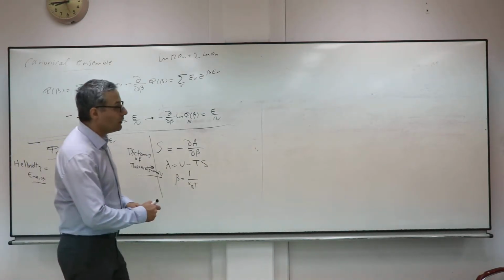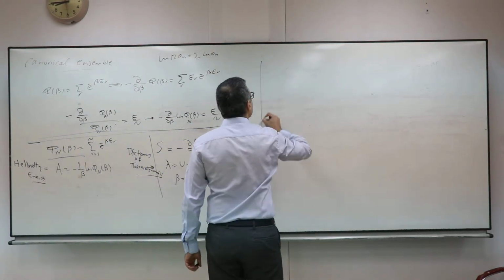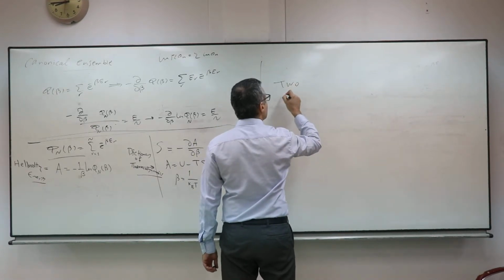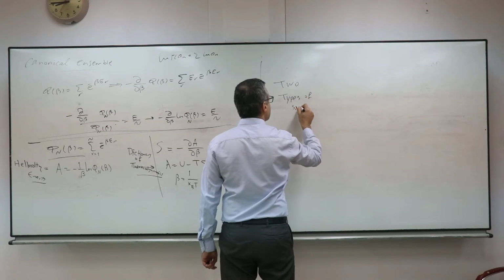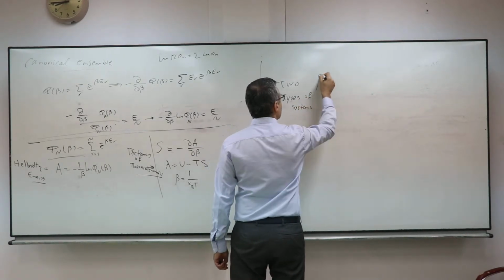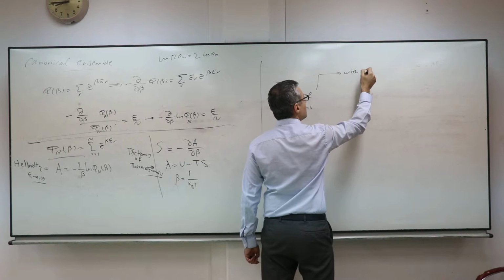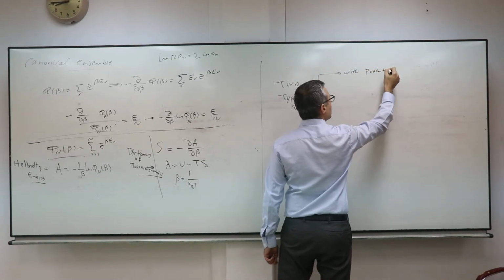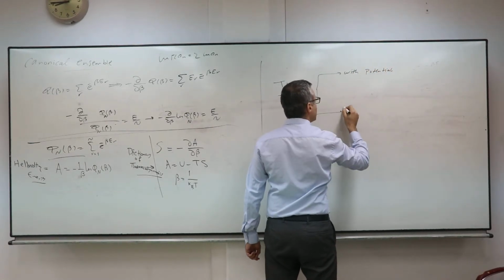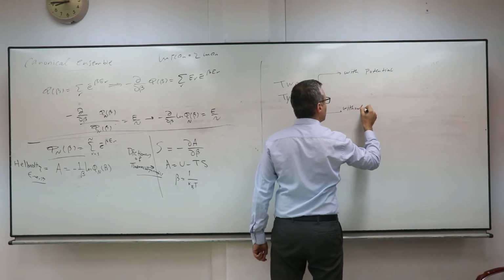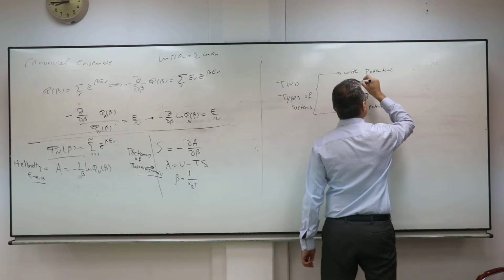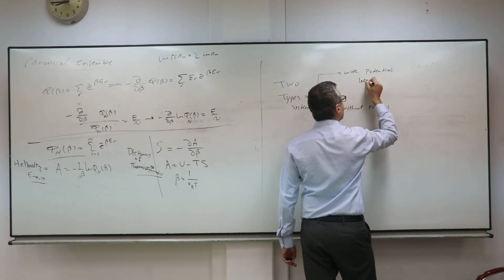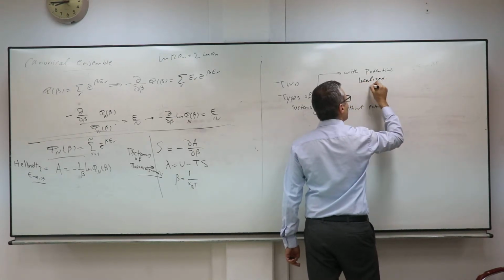I want to tell you that normally we have two types of systems. The system with potential, and the system without potential. The system with potential, we call it localized particles.